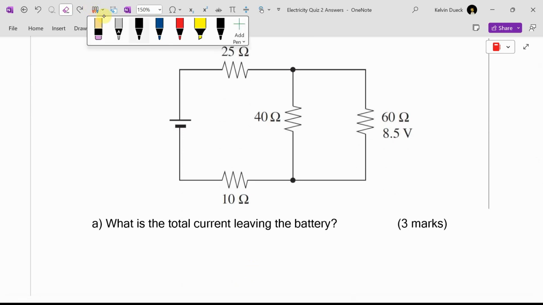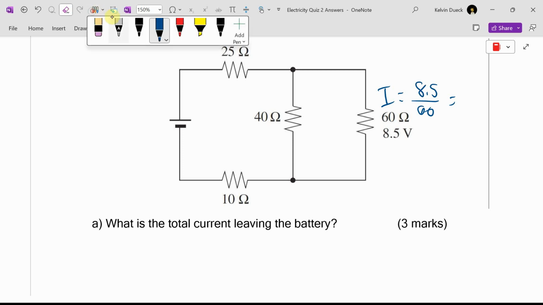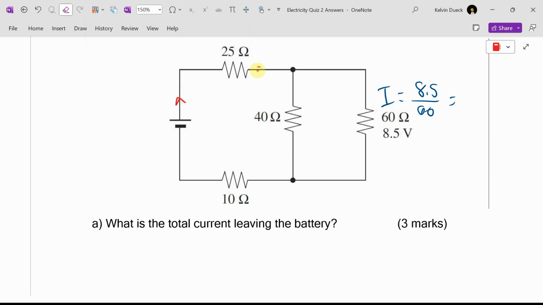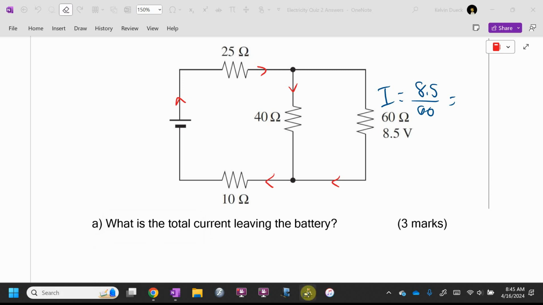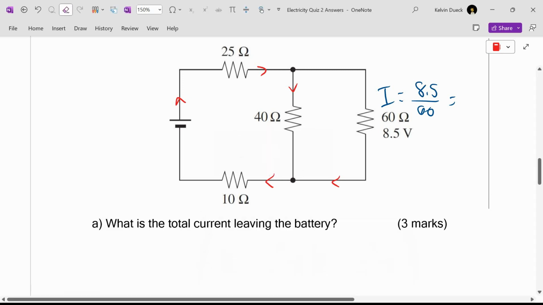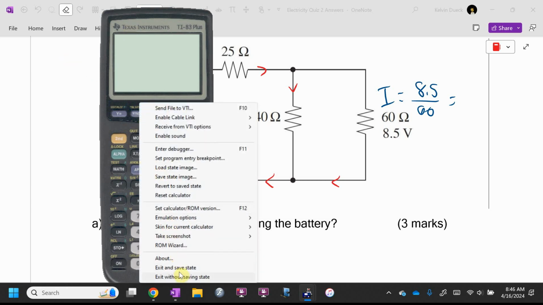What can I find right there? I can find I. I is going to be 8.5 divided by 60. It's going to be a yucky number. I should have labeled downhill first, by the way. Downhill, downhill, downhill, downhill, downhill. So the first thing I can find is, I opened the calculator twice, which is going to drain the memory.